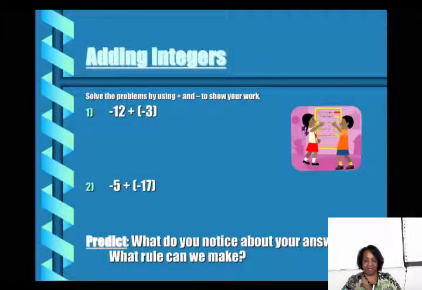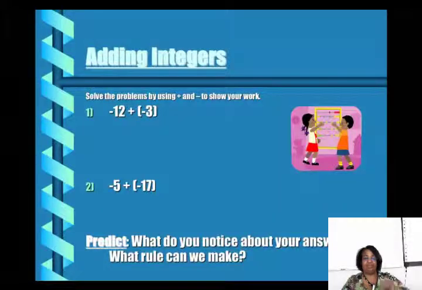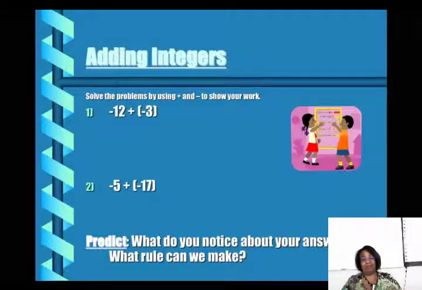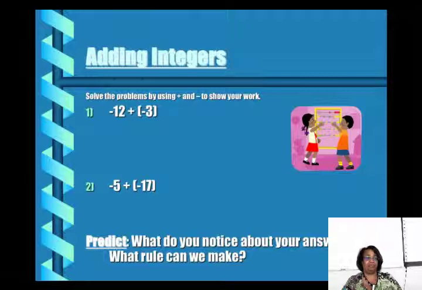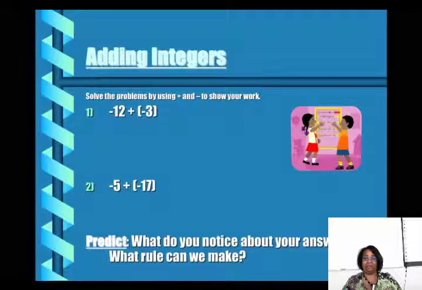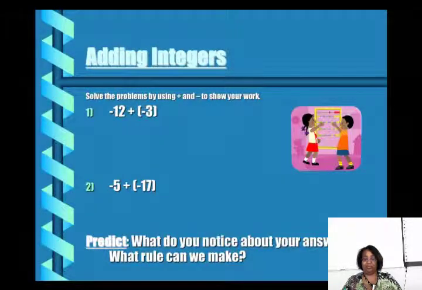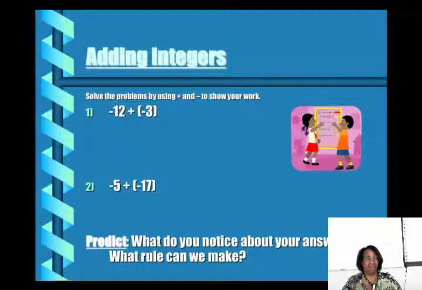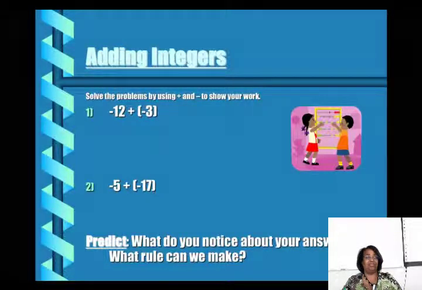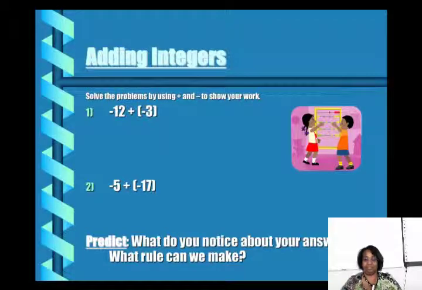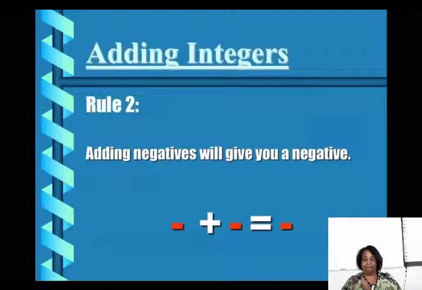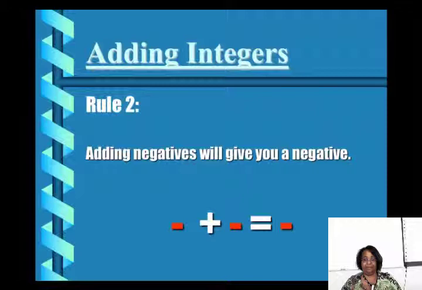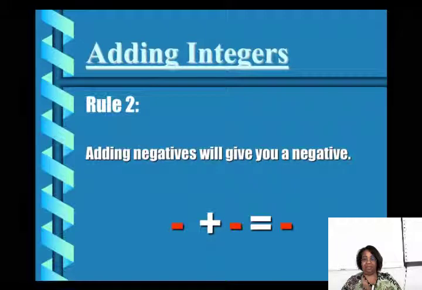And then on number 2, I have negative 5 plus a negative 17. Negative 22. So if the signs are the same, you just add and use the same sign for your answer. So 2 positives added together make a positive, and 2 negatives added together make a negative.